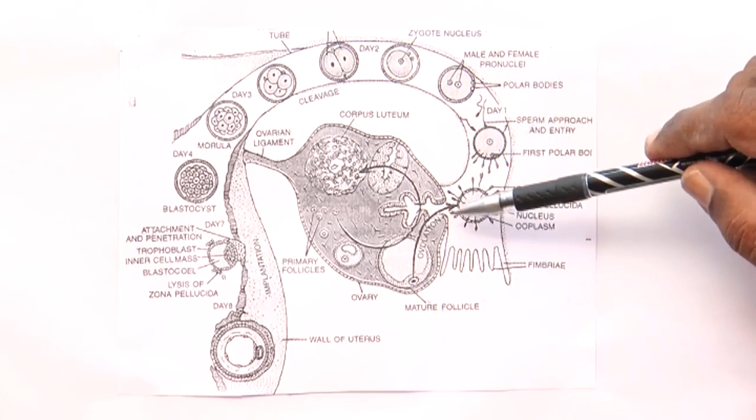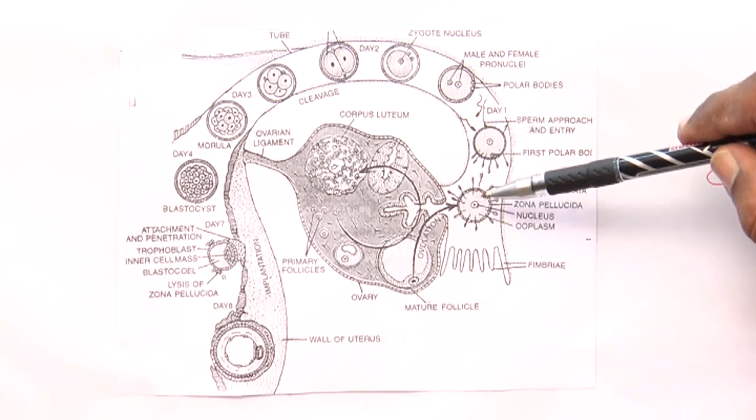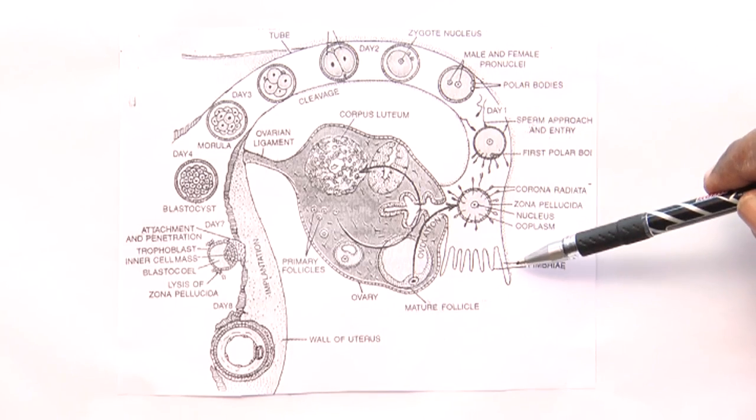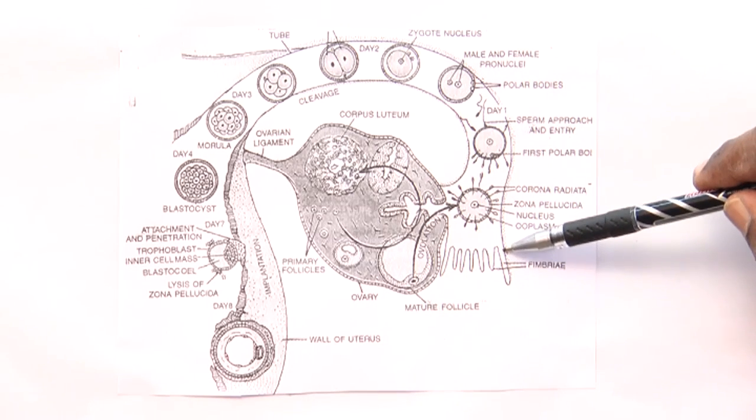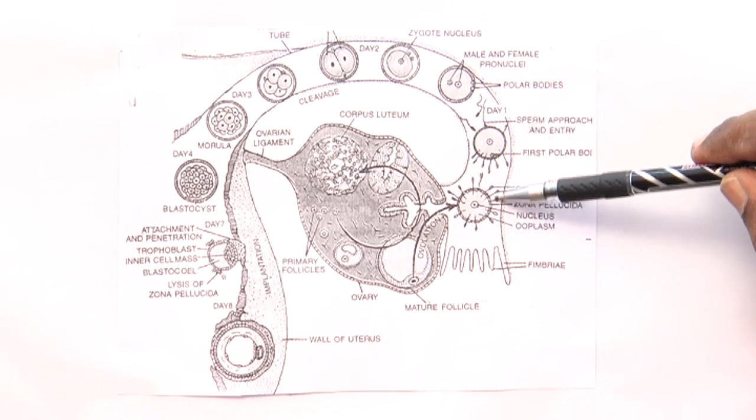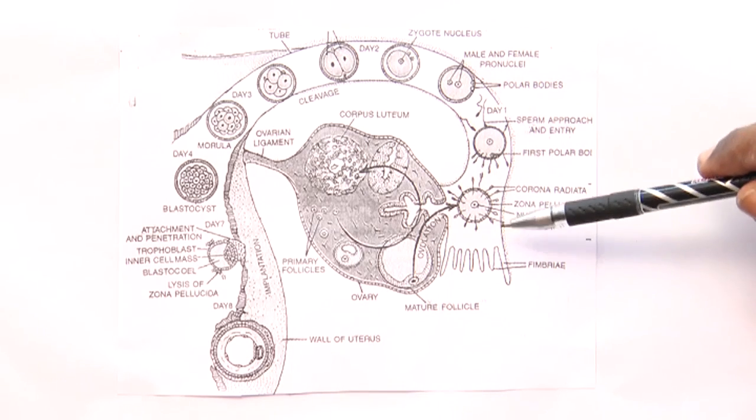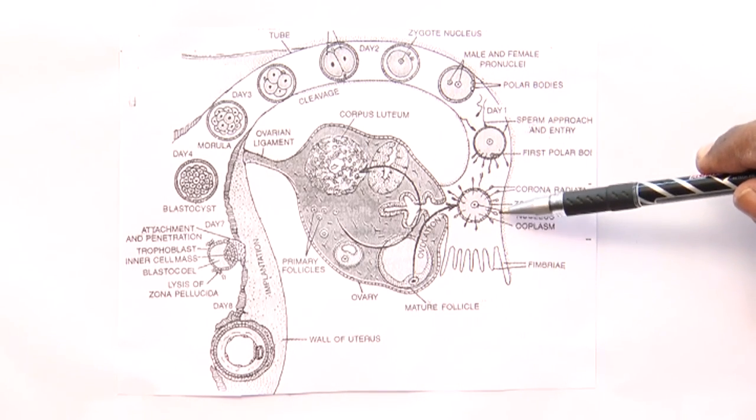Once it is released, it is captured by the fimbriae, which are present in the infundibulum of the fallopian tube.